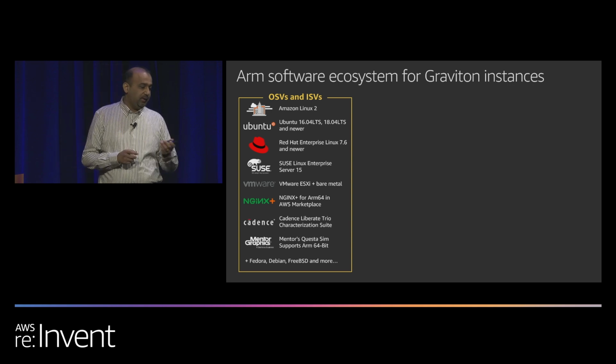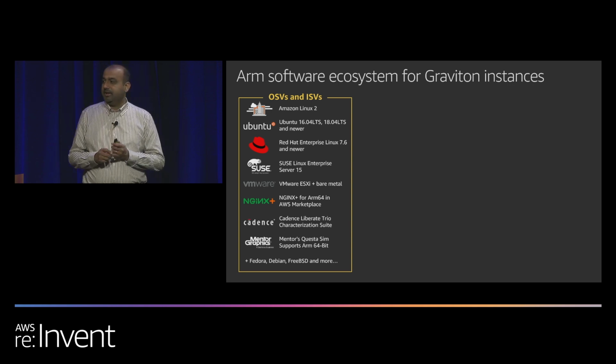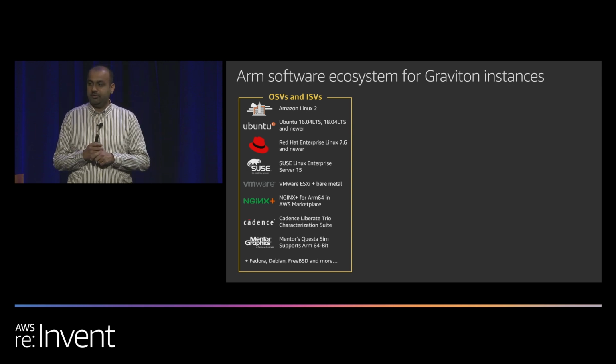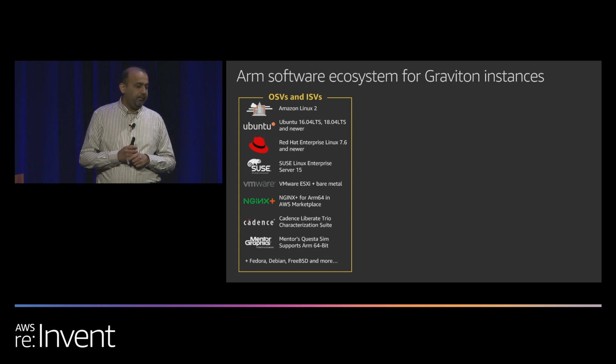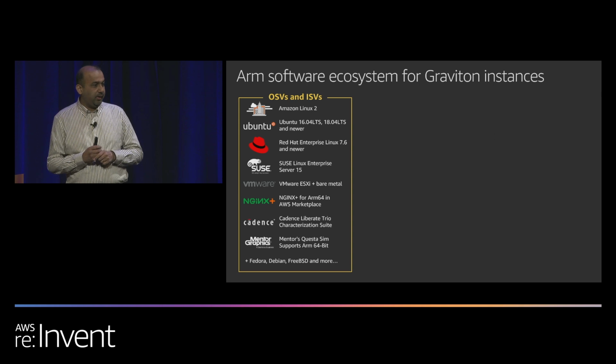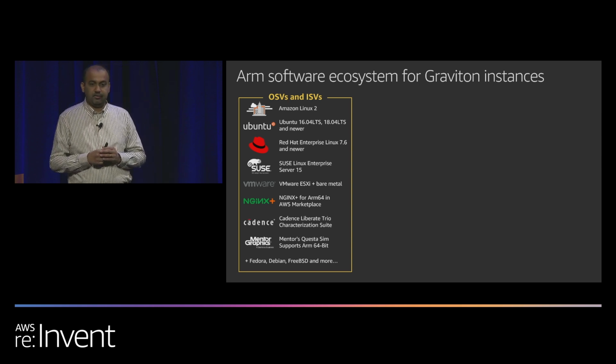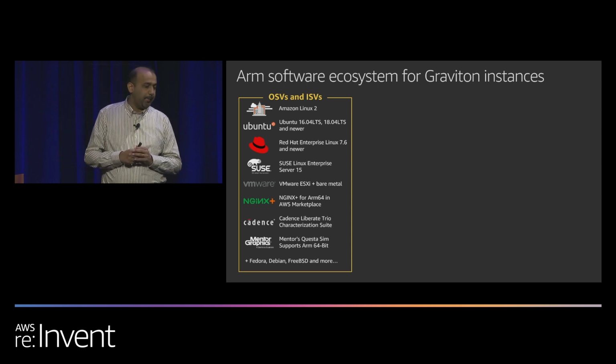We've also seen in the EDA space, the key ISVs such as Mentor and Cadence have their EDA tool suite supported on 64-bit Arm as well. And VMware has successfully been able to integrate and run their ESXi on A1 bare metal and have also now announced support for 64-bit Arm and Graviton instances.